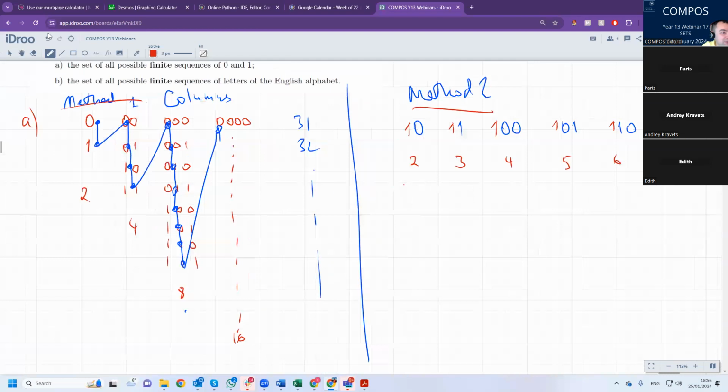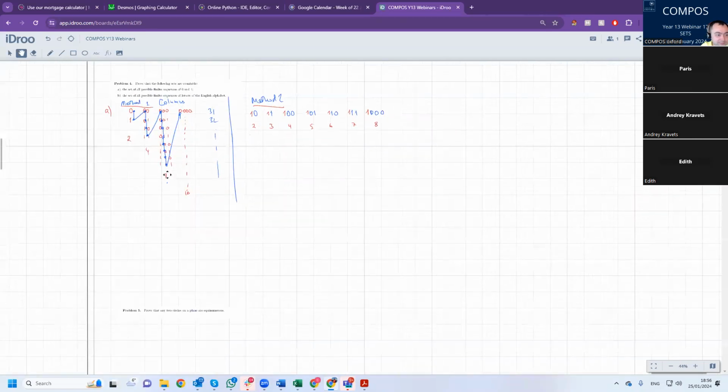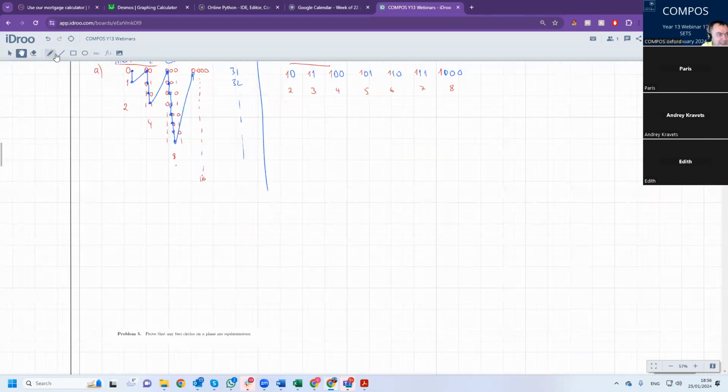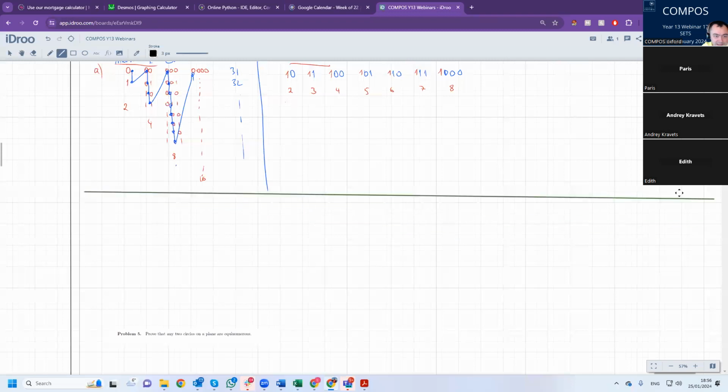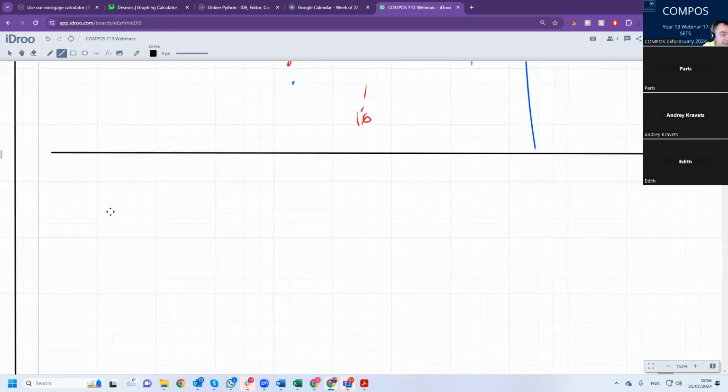And now let's talk about the finite sequences of letters in the English alphabet. This is kind of the same question as the dictionaries, and we could have used the same method. So B, sequences of letters.